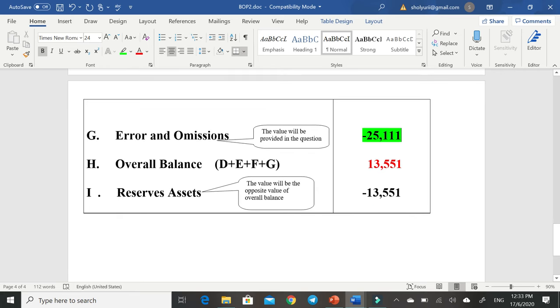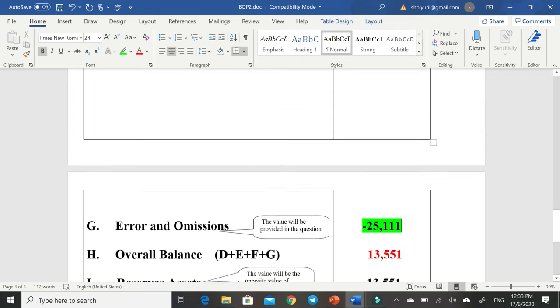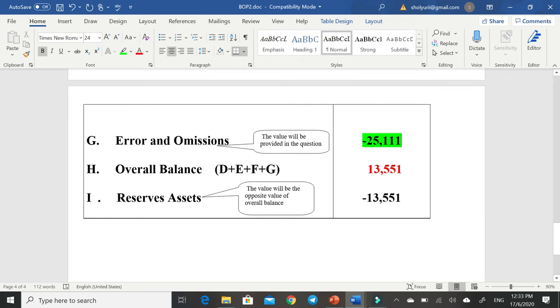And the value of reserve asset will be the opposite of the overall balance, which is negative. Will be the opposite value of overall balance. Okay, so hopefully you have some sort of idea what is balance of payment and the structure. I'll go for the next teaching video with the exercise.